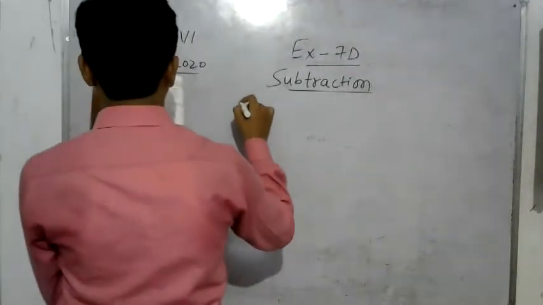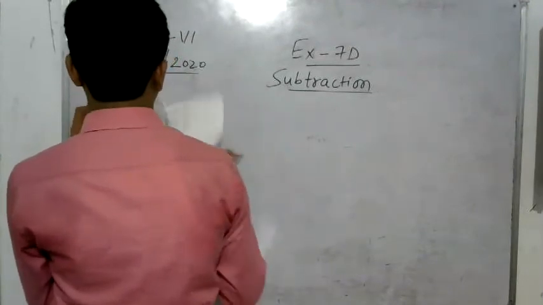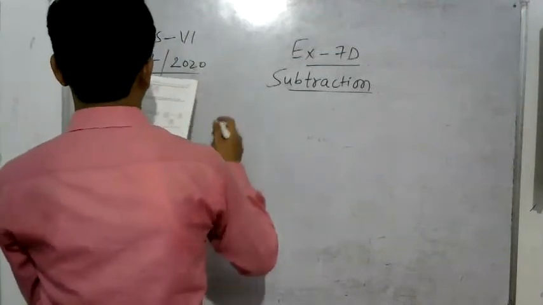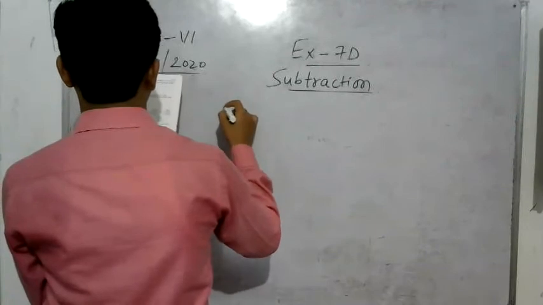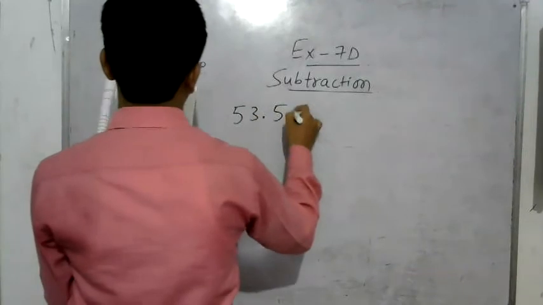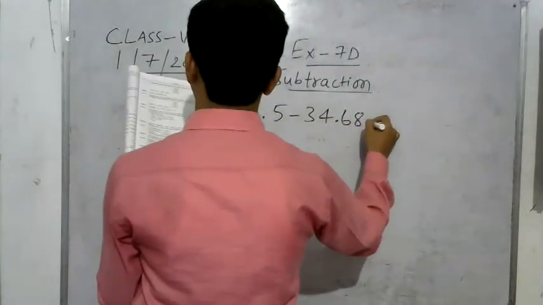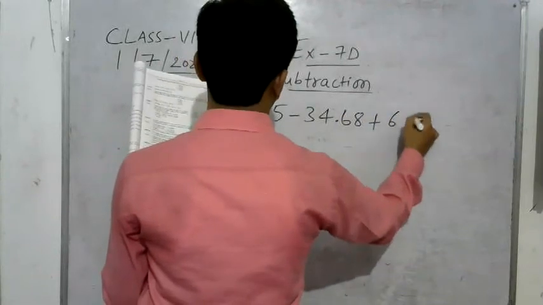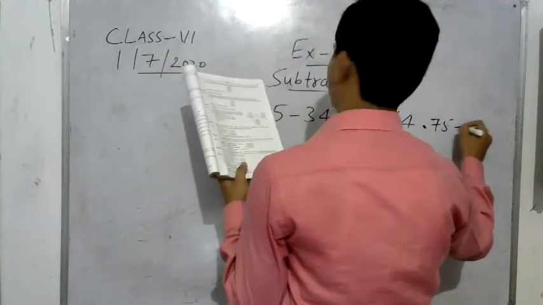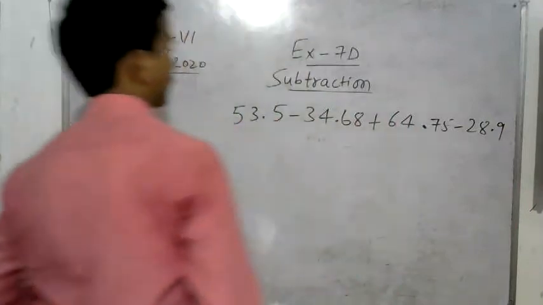Okay. Now let's see another problem. Now see the question: 53.5 minus 34.68 plus 64.75 minus 28.9.